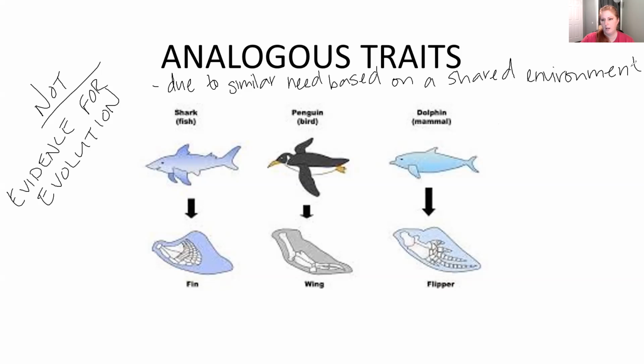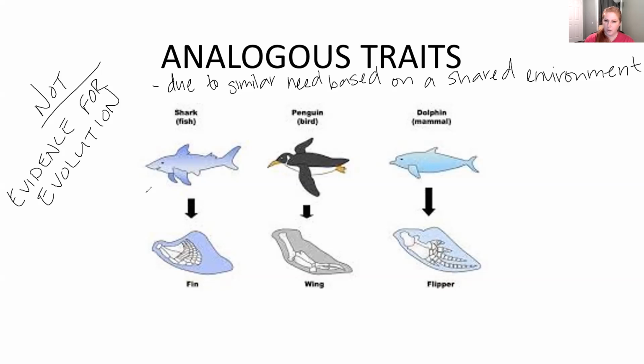Okay, so in other words, sharks, penguins, and dolphins all live in the water. I mean, penguins obviously are to a different extent than the shark and the dolphin, and yet they all have these similar structures. Shark has a fin. The penguin uses its wing to be able to do the same type of swimming motions in water, and then dolphins have flippers.